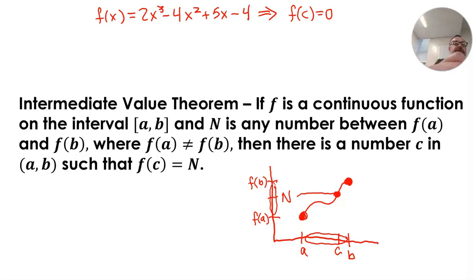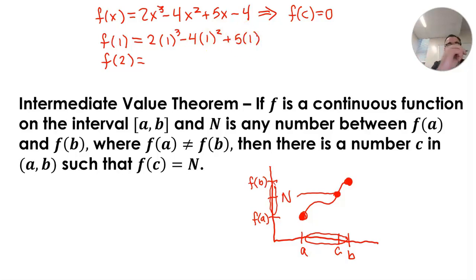So let's just check a couple things here. What I would like to do is see what is f of 1 and what is f of 2. So f of 1 would be 2 times 1 cubed minus 4 times 1 squared plus 5 times 1 minus 4.